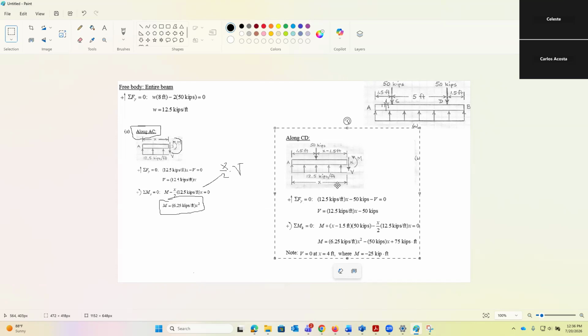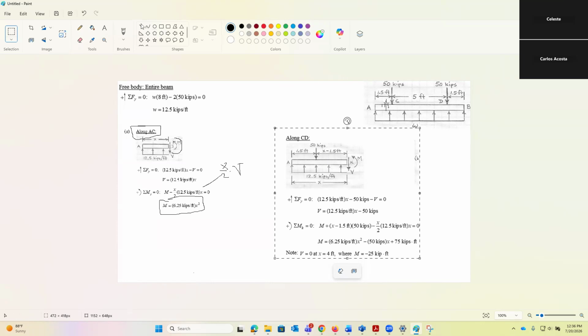The moment is interesting though because you have the moment that is positive at K, so M or plus M, minus 50. And what distance do you use? We're gonna use a distance of x, obviously, because the x is the point that we're choosing, minus 1.5, right?